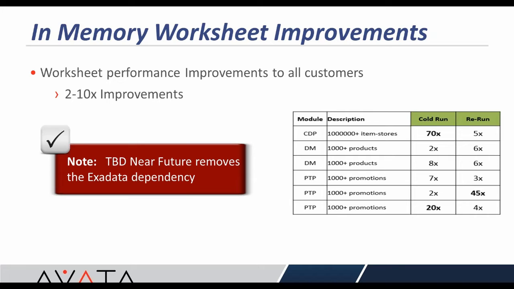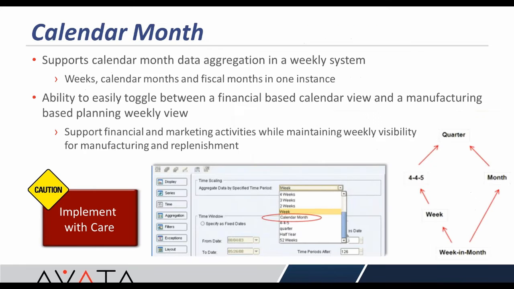That's not to say you can cheap out and skinny down the hardware. You can't. You still need solid hardware, but Oracle is going to remove that dependency. But we have seen, and it is true, that on the Exadata, the performance is pretty ridiculously fast.